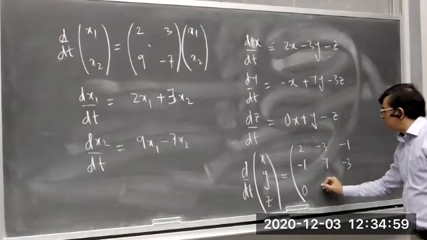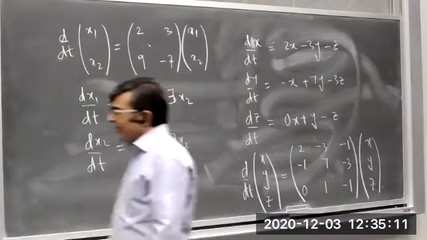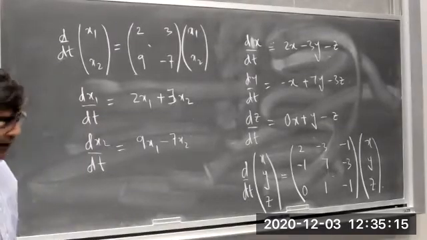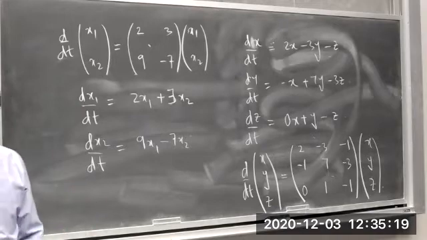So 0, 1, and minus 1, times (x, y, z). So this is a 3 by 3 system which contains 3 first order ODEs. If you have any question, you can ask me.